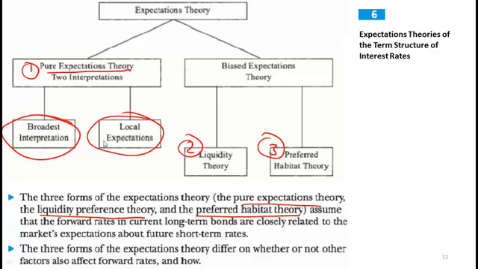Okay, a slightly better form of that theory is the local expectations theory, which says that at least in the short run, the return will be the same. Then we go better and we talk about liquidity theory, which builds in the fact that we are going to get a premium for investing in longer term bonds because we are taking on more interest rate risk. And then the preferred habitat theory builds on top of that and says that we should also consider the supply and demand in different maturity buckets.